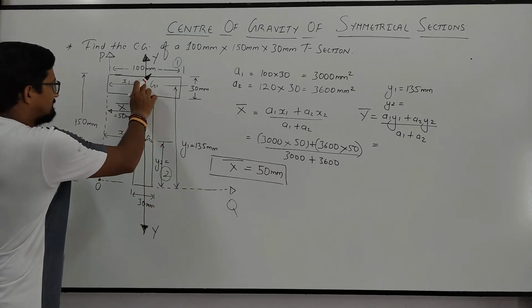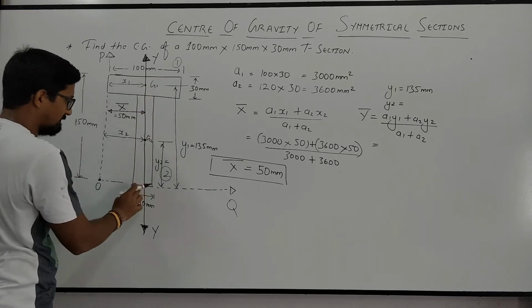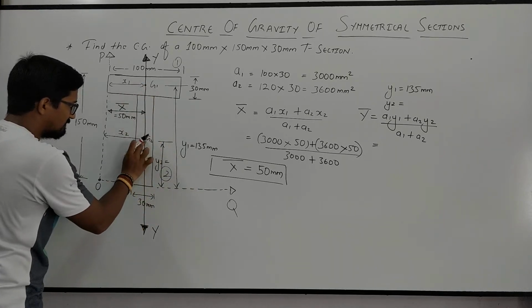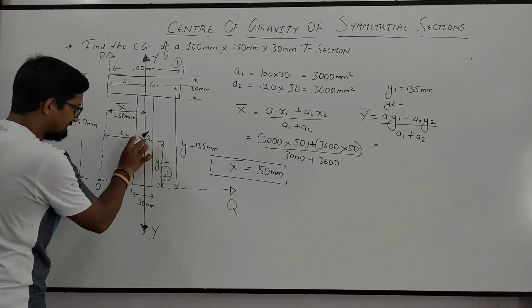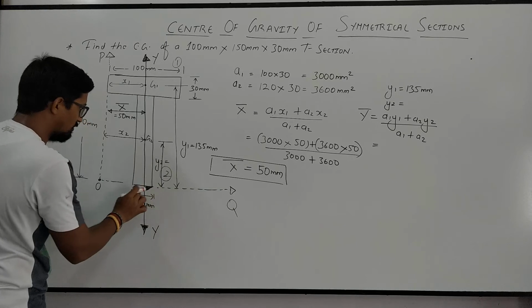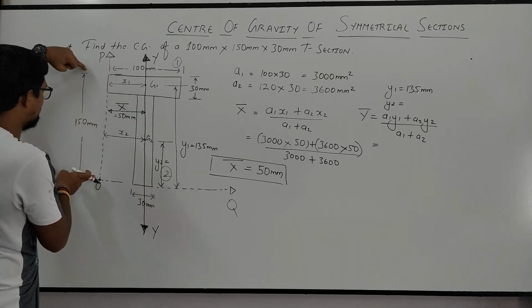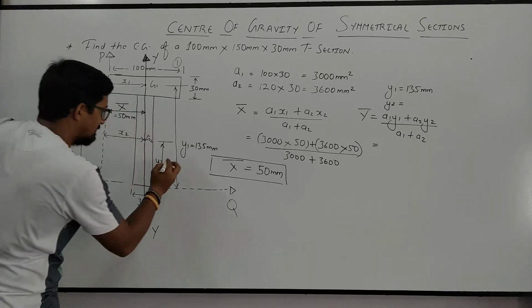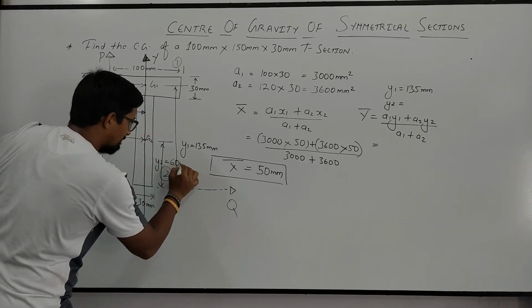The distance of this second section CG from this reference axis: it is total 150, 150 minus 30 is 120, 120 divided by 2 is 60. It will be 60 mm.